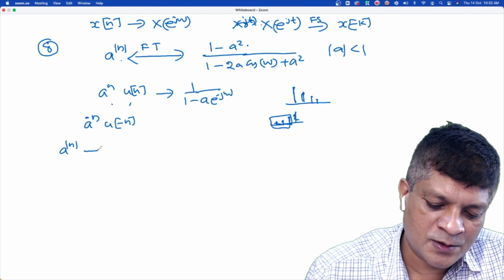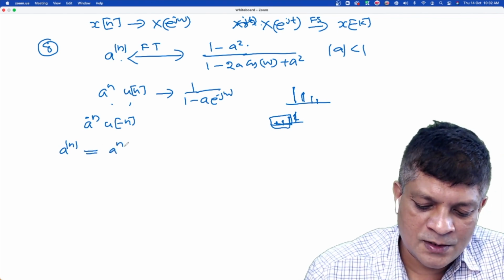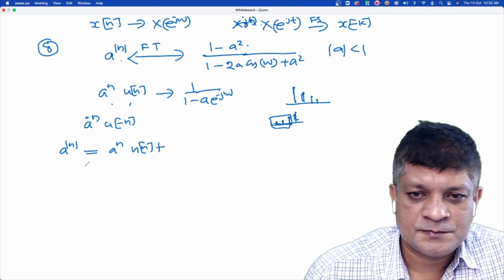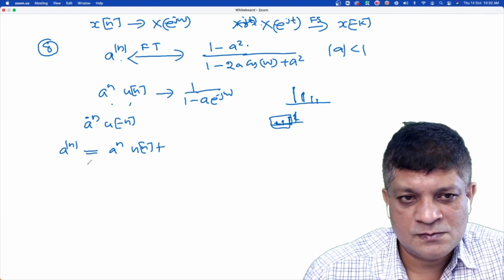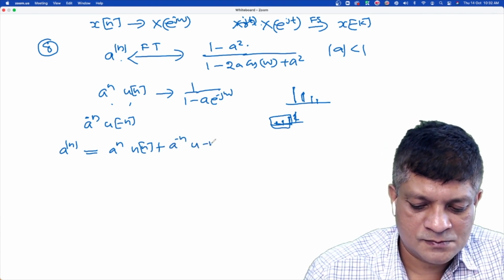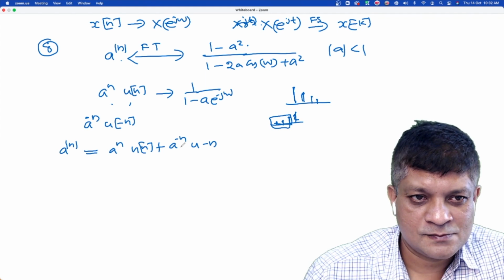a to the power mod n is equal to a to the power n u[n] plus what? a raised to power minus n u of minus n minus delta n.